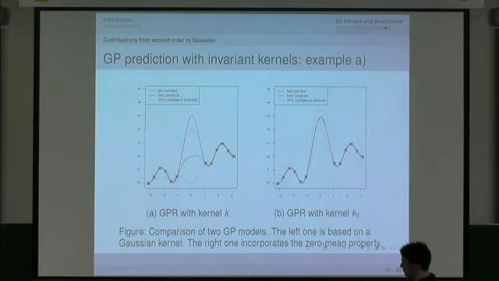Now we are taking a basic surrogate, which is black, and the basic surrogate has no clue that there is a bump here that we completely missed. But if you take the kernel that knows in advance that you have integral zero, then it has negative values here and positive values there, so somehow it needs to overshoot the data in order to compensate, so that in the end you have zero integral.